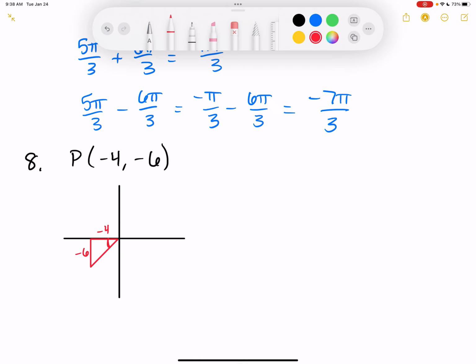How would I go about finding the other side? Pythagorean theorem. So C is equal to the square root of, and since it's getting squared, I'm just not going to write the negatives, 4 squared plus 6 squared. So that ends up being the square root of 36 and 16, was that 52?